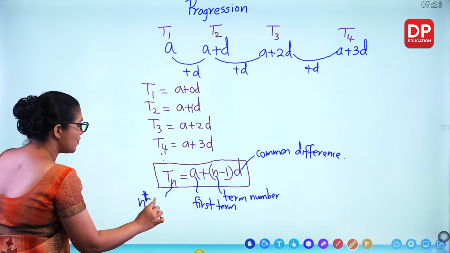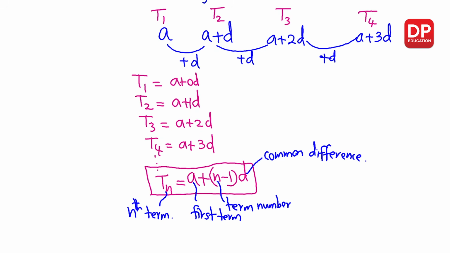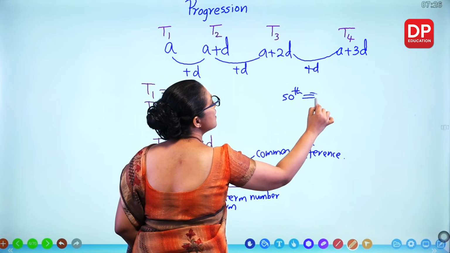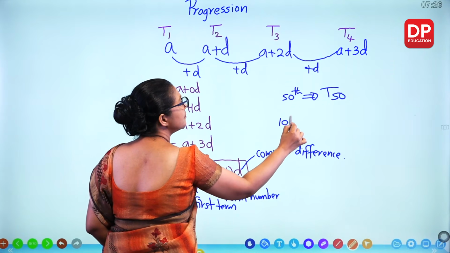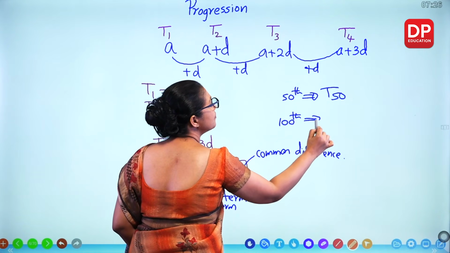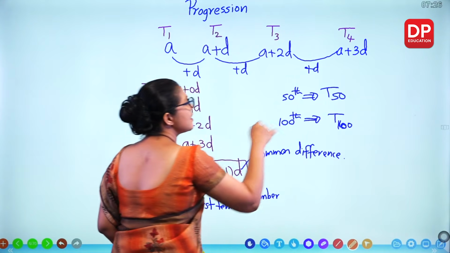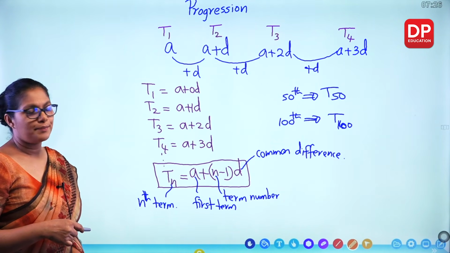So, when you know this formula, you can find out any term. What's the 50th term? T50. What's the 100th term? T100. So, using different n values, you can find the term number.